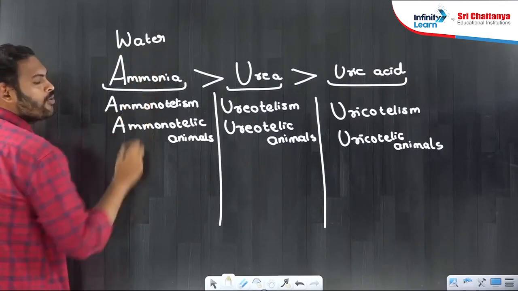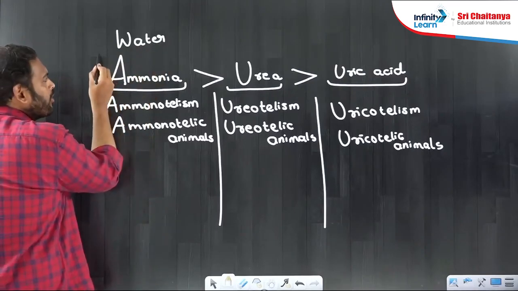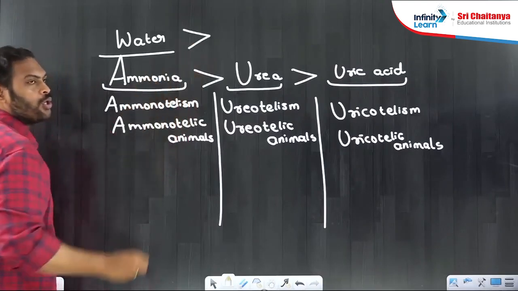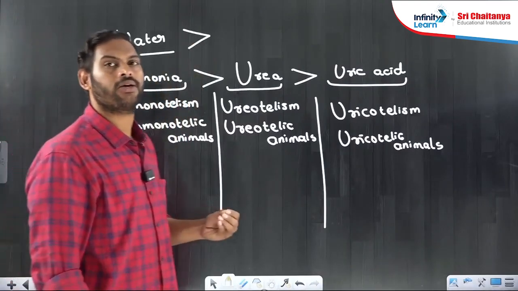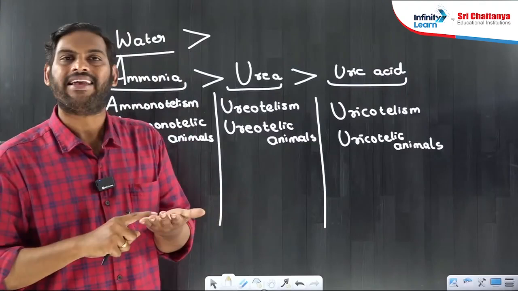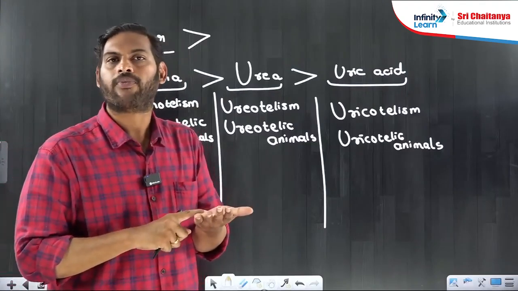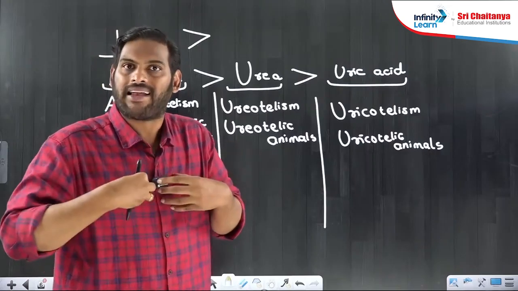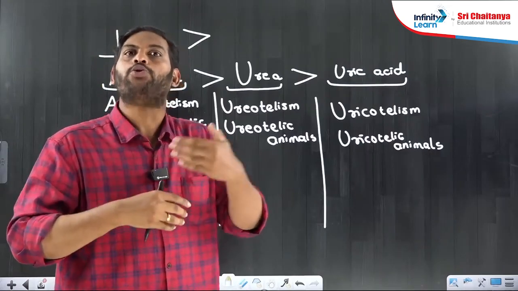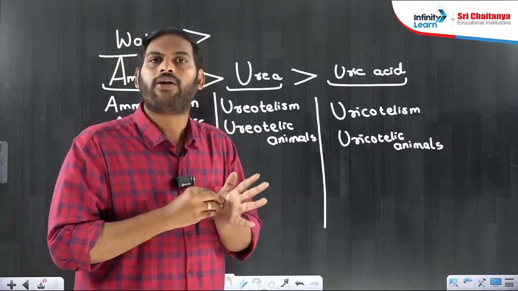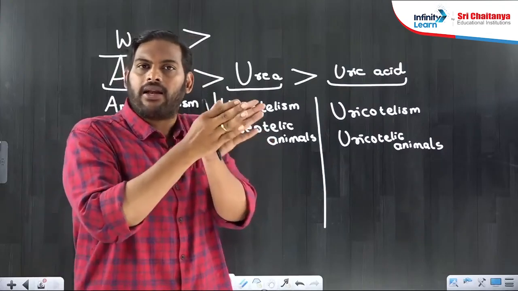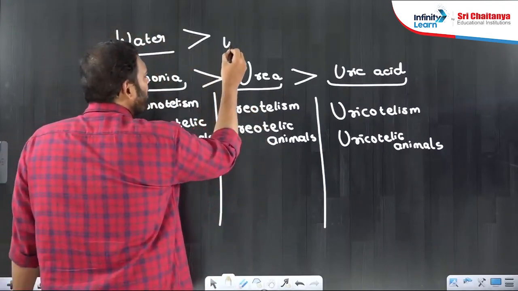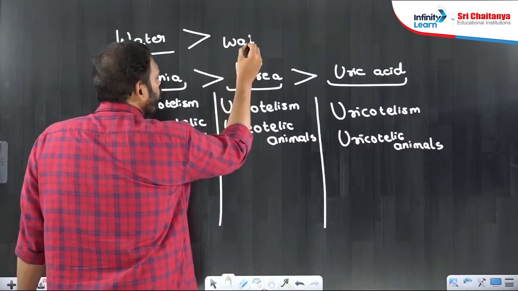But urea is less toxic because land animals have adapted to conserve some amount of water. Therefore, land animals know how to convert ammonia to urea, and they excrete urea with comparatively less water. Water is moderately required for excretion of urea.